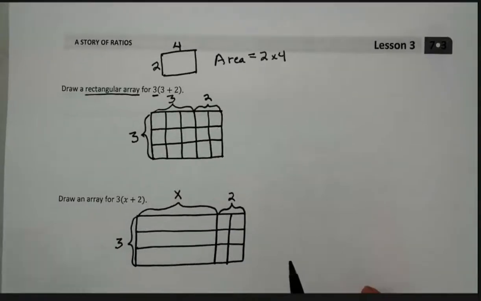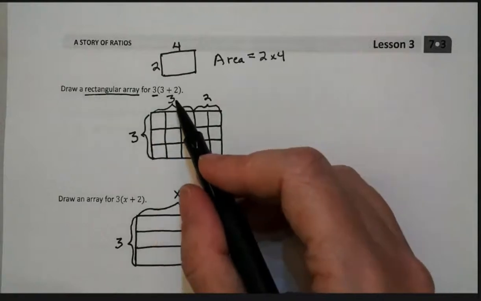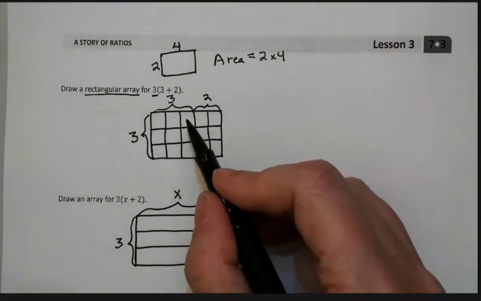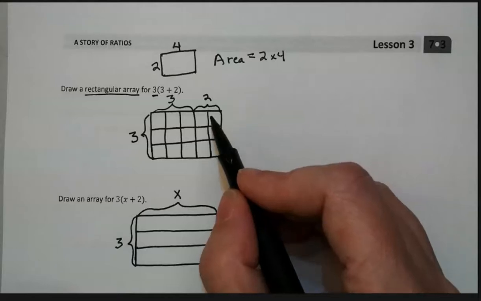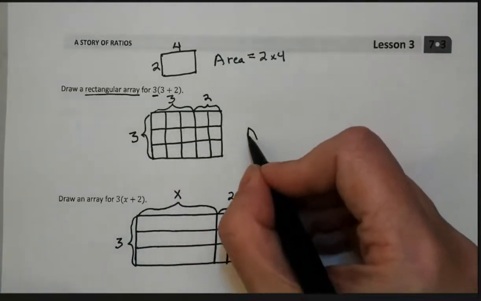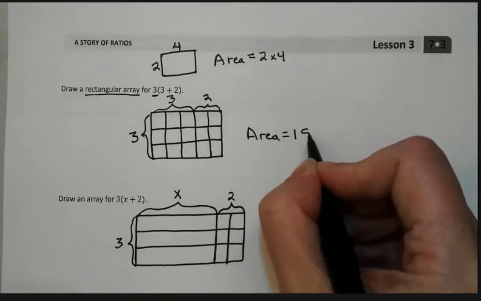I want you to notice something though. If I take this 3 and I'm multiplying it by 3 plus 2, I have 1, 2, 3, 4, 5 boxes times 1, 2, 3 boxes. So my area for this array is 15.